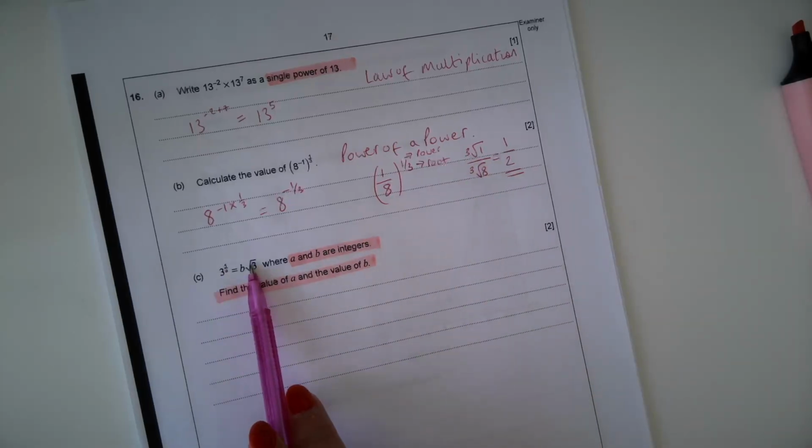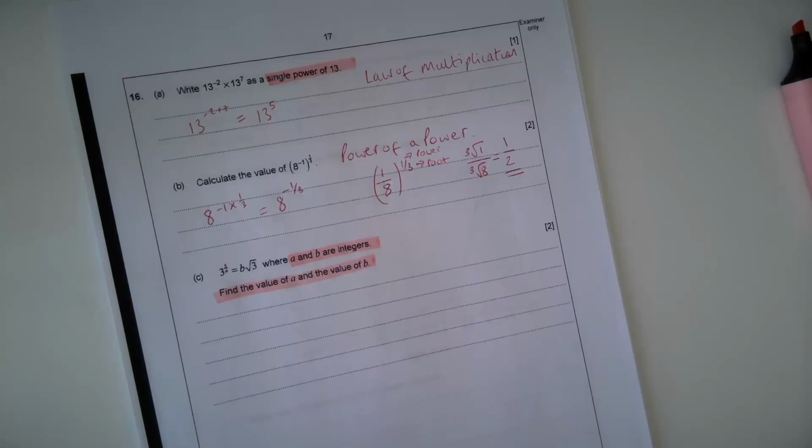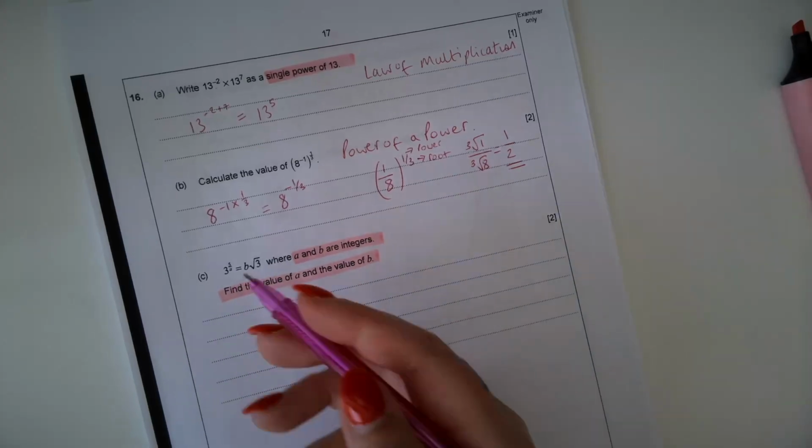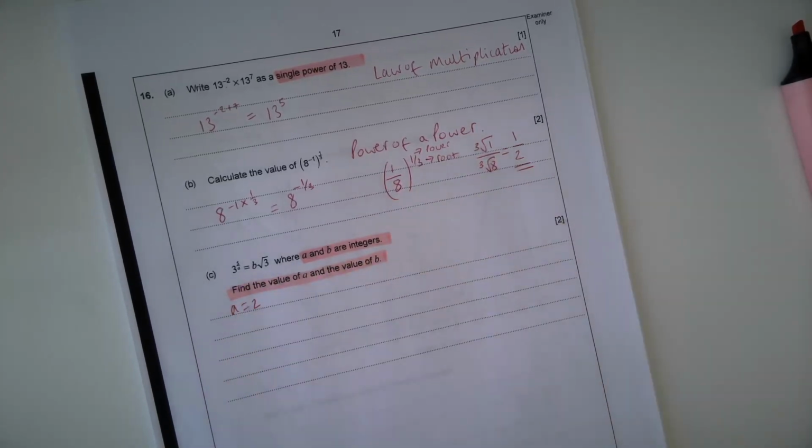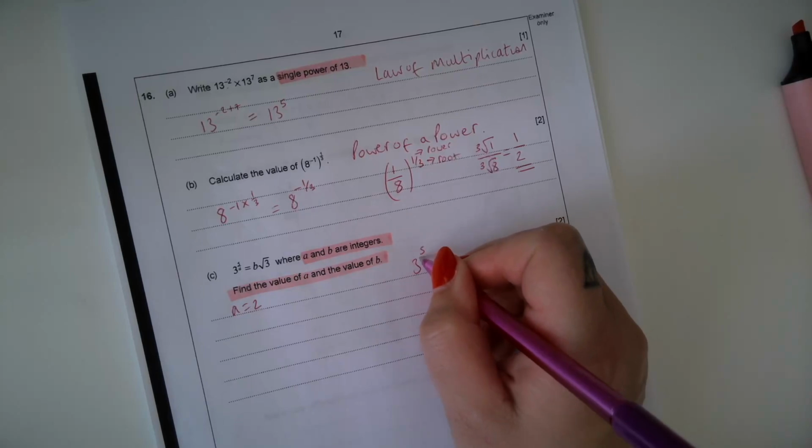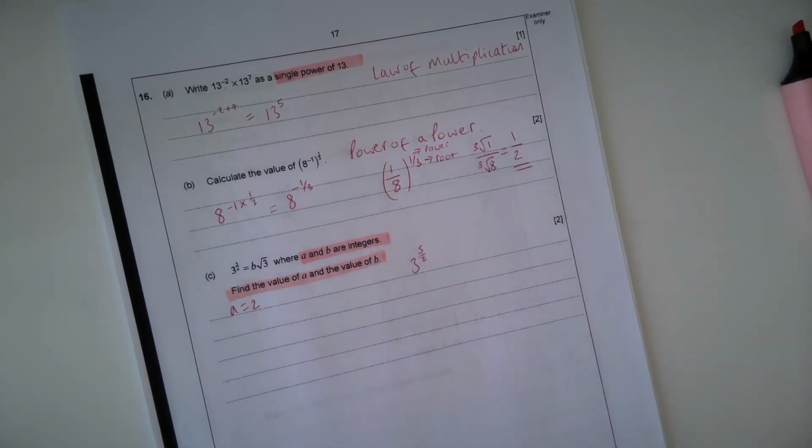So here we've ended up with a square root on the other side, the square root of 3. So that tells me that the bottom of the fraction must indicate that we are square rooting, okay, because the bottom is the root. So that a instantly must be a 2. So we're dealing with 3 to the power of 5 over 2 at the moment. So we know our a value.